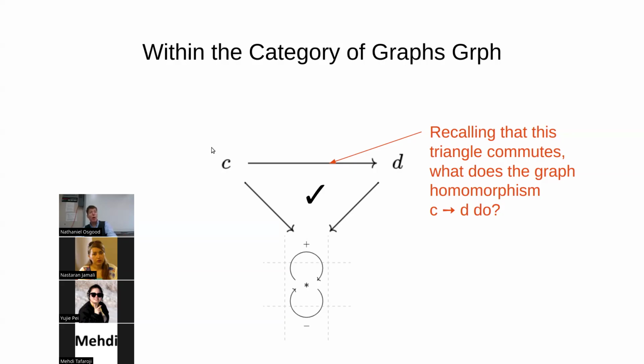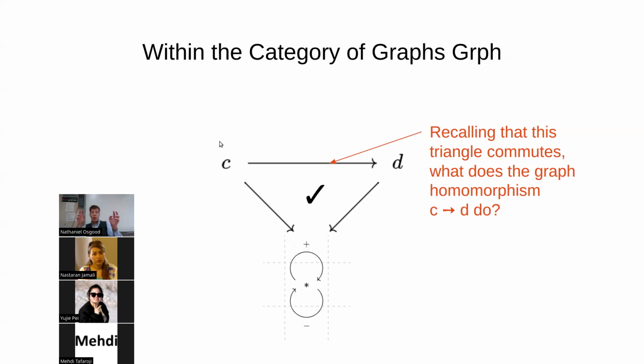No, it has to map what? The edges in graph C are annotated with plus and minus. The edges in graph D are annotated with plus and minus. What does this morphism have to do to make this triangle commute? Edges that go to plus in C have to go to plus in D. That's right.